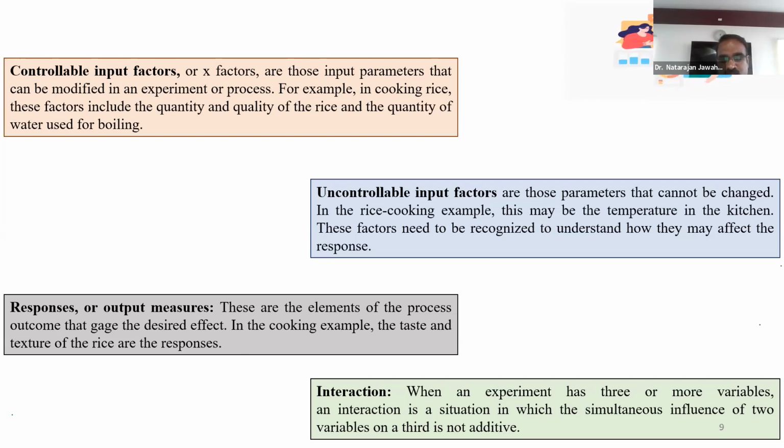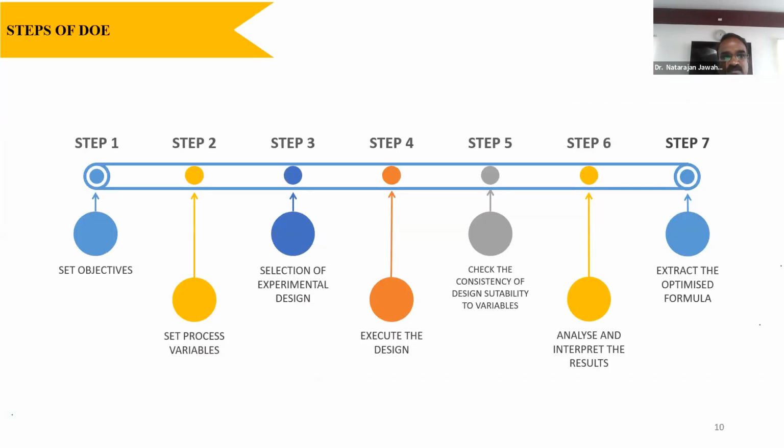And what the response is and what interaction is, so far we have learned. And what are the various steps involved in DOE? These are the steps. First, we have to set the objective. For example, I am formulating nanoparticles, so I set that my nanoparticle size should be within this range. That is my objective.